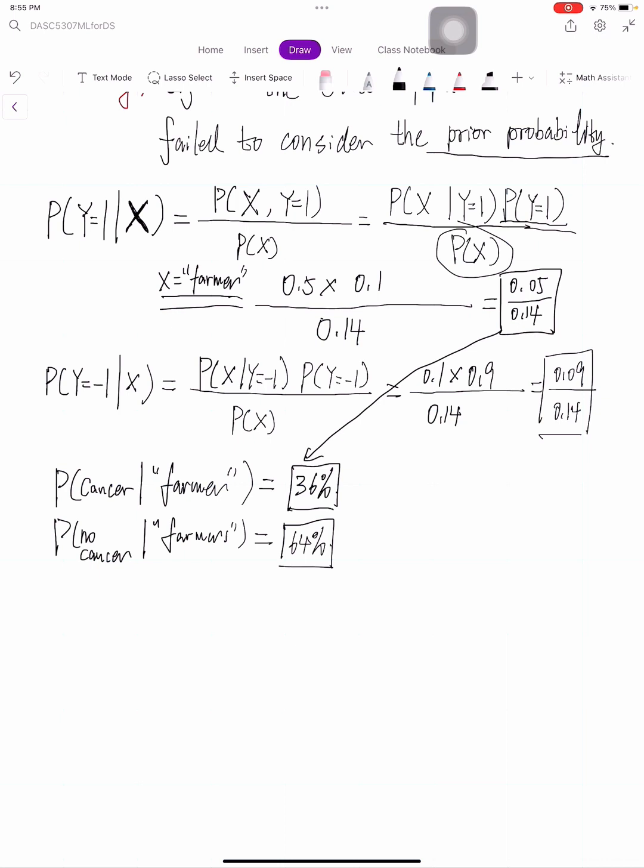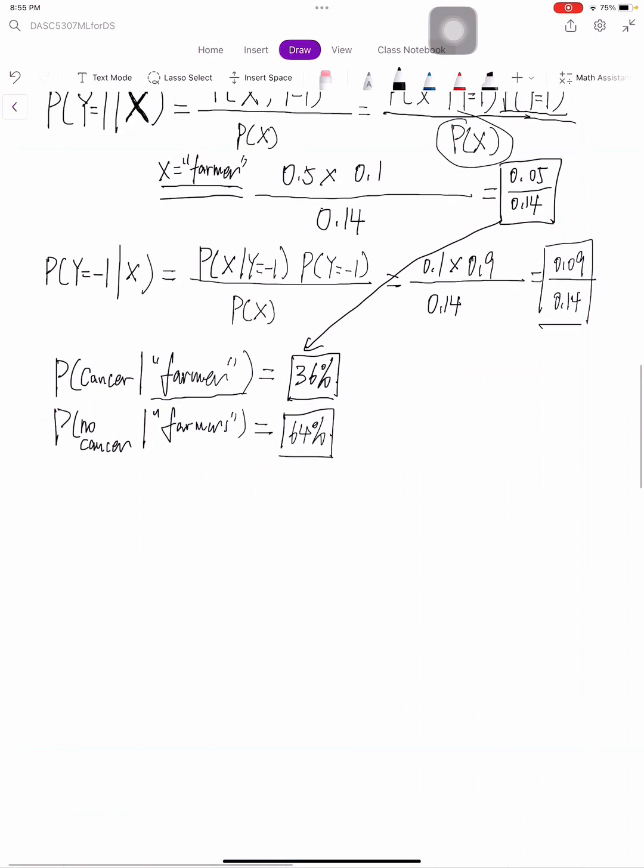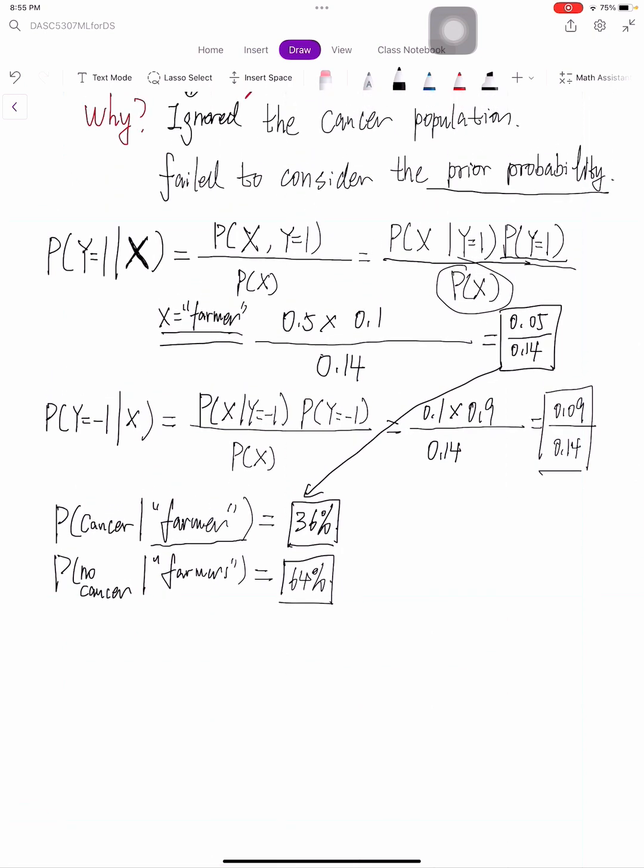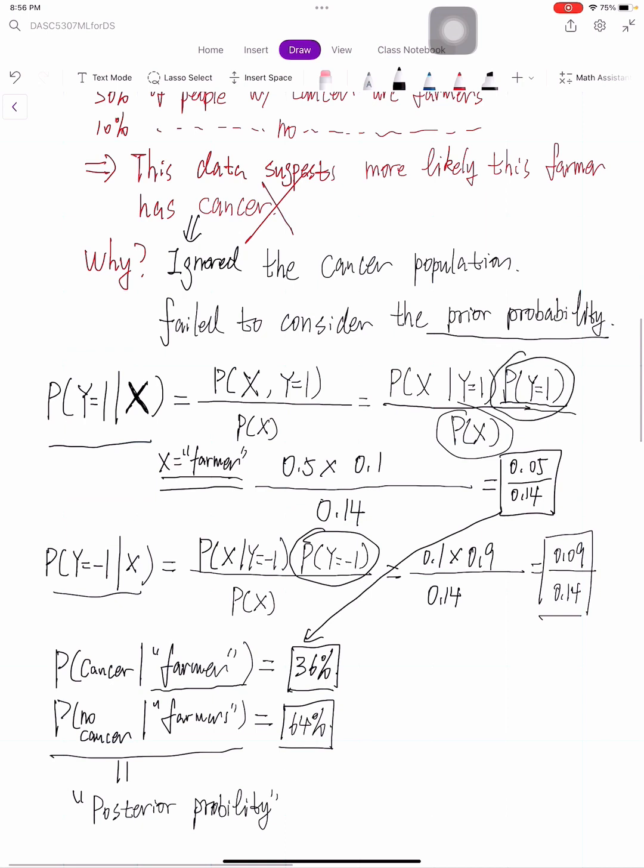So the two probabilities we just calculated are called the posterior probabilities, for y equals 1 and y equals -1.